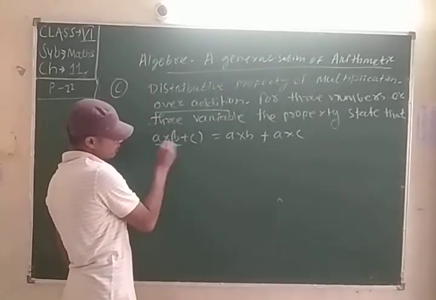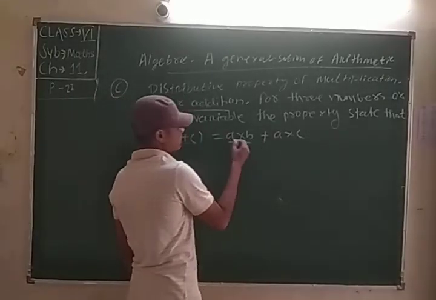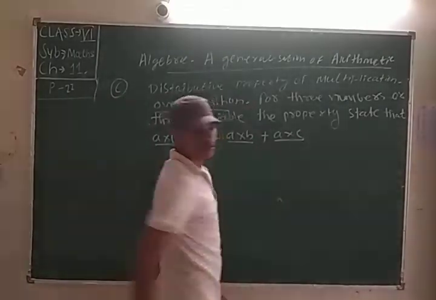A is multiplied with b, giving ab, then again it multiplies c, giving ac. That means a into b plus a into c.